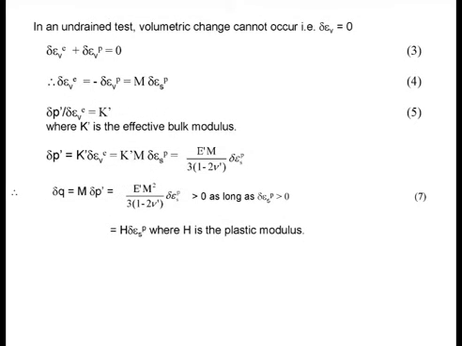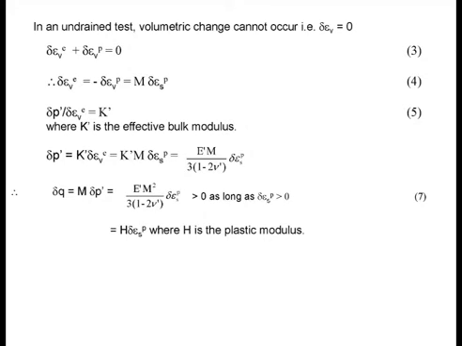In an undrained test, volumetric change cannot occur. So therefore, we can say that the incremental volumetric change equals 0. Now, the situation is this. The total volumetric change has two components: an elastic volumetric change and a plastic volumetric change. The total volumetric change is the sum of the elastic and the plastic.